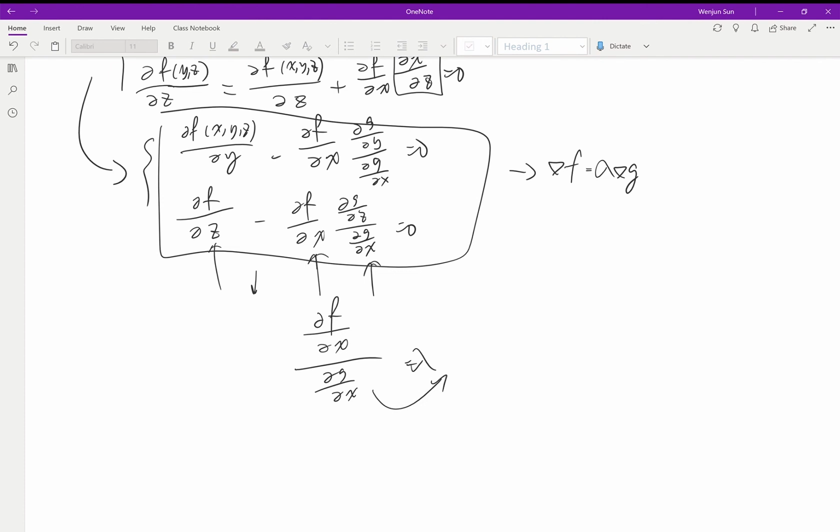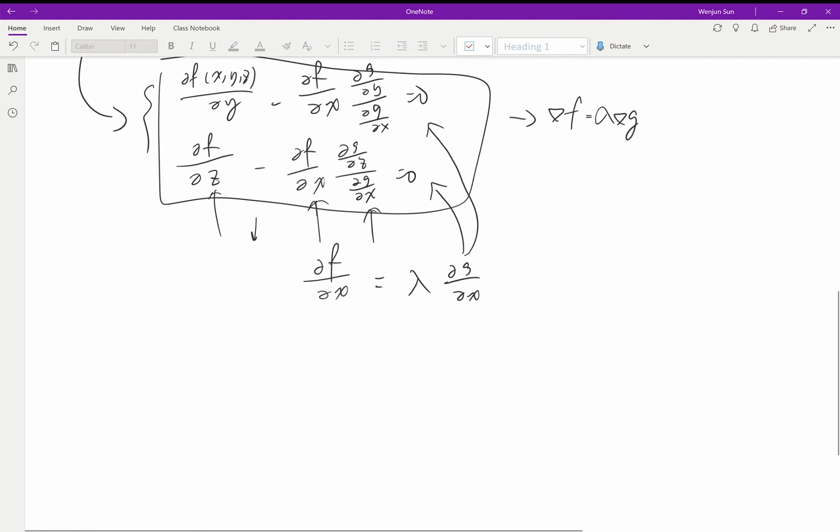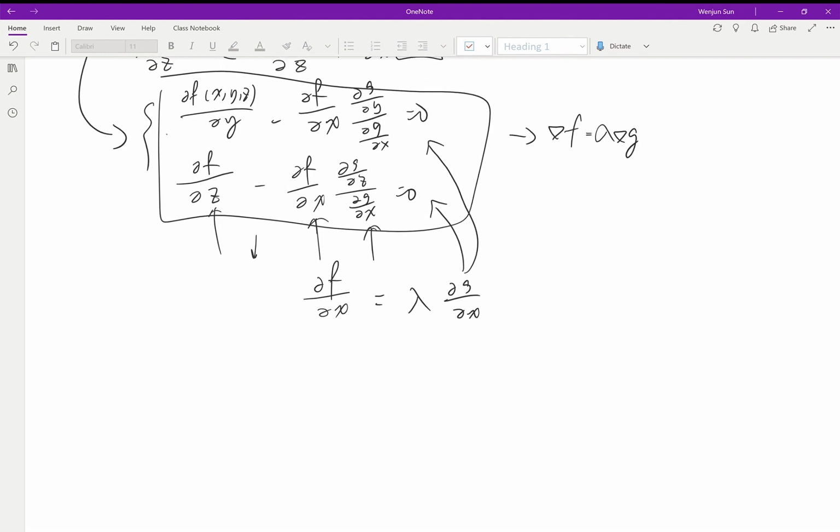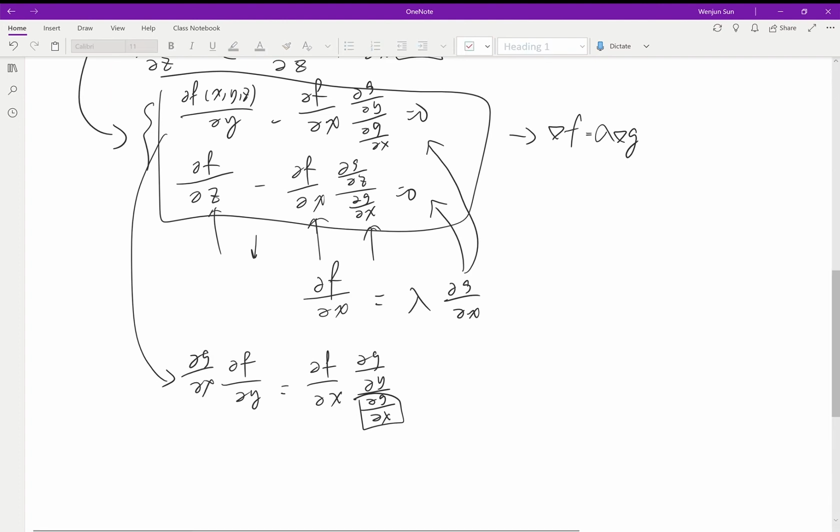And then we move here. We get del f over del x equals lambda del g over del x, right? And then we plug this condition into both equations, and see from the first one we get del f over del y equals del f over del x times del g over del y over del g over del x. Now we multiply both sides by this quantity. Now we get del g over del x times that equals that, right?